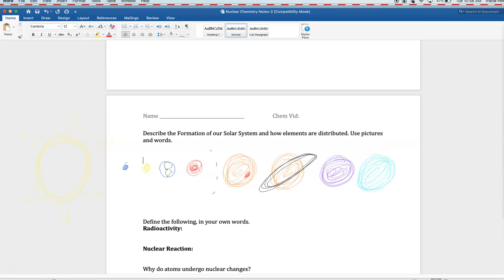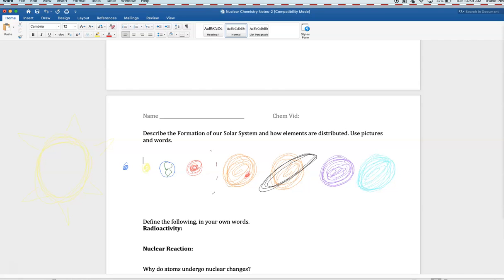And then the gravity of the sun will pull in other clumps of matter, which we call planets, okay? And so here we have Mercury and Venus and Earth and Mars, the asteroid belt, Jupiter, Saturn, Uranus, and then Neptune, sorry.